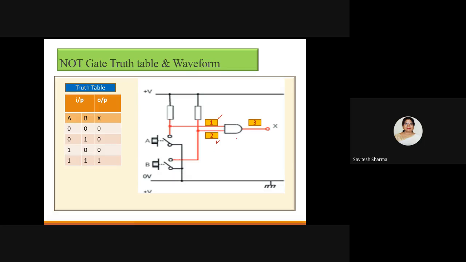So I will connect an LED here. These are the push buttons, and these are the resistors. Two resistors we will add to protect the circuit. So 00, 01, 10, 11 combination we will apply across the AND gate, and we will verify the truth table.